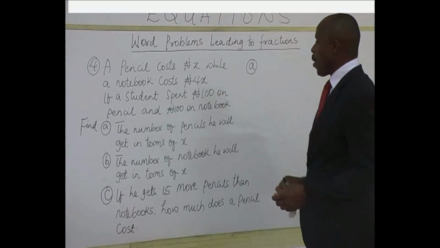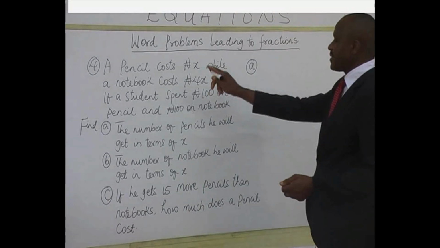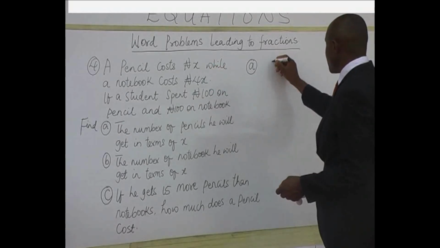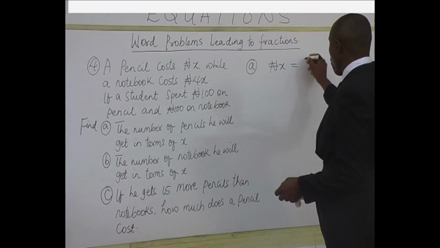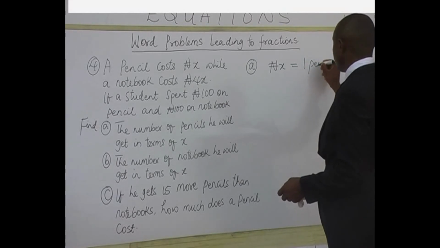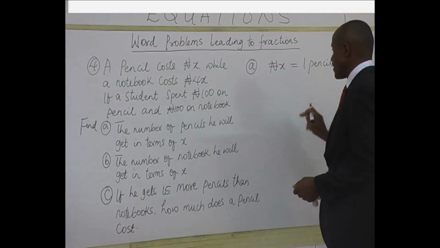From our question, we are told that a pencil costs X naira. That means with X naira, you can buy one pencil. You can represent it by X naira is equal to one pencil.